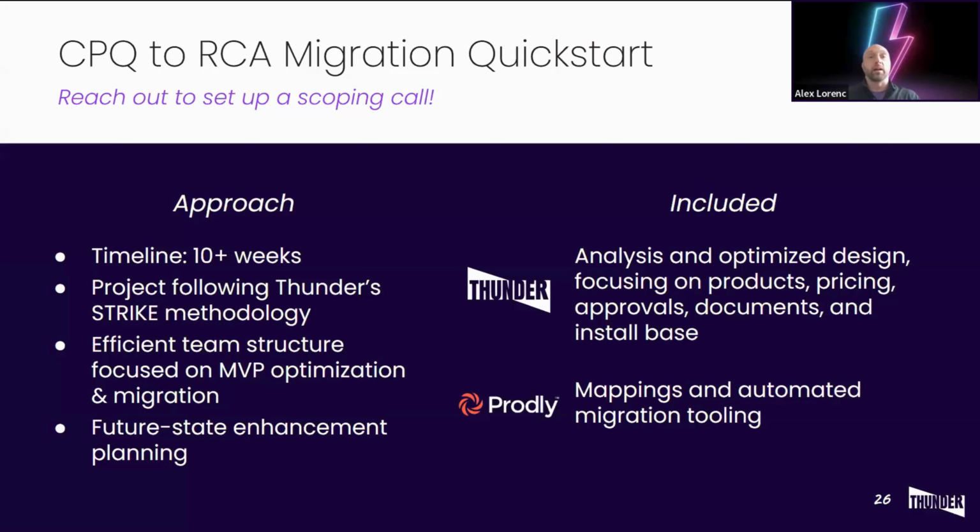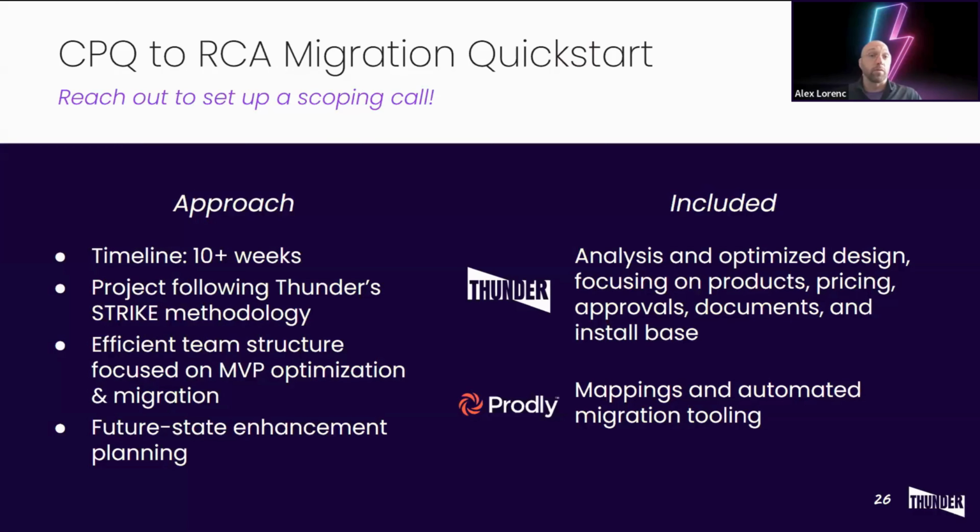We do have a project methodology that I won't get into here, but we'd be happy to talk about it with anyone who is interested in getting an estimate for a CPQ to RCA migration. We're happy to dig in with you and get you more details. As part of any of our migration efforts, we would definitely use Prodly.